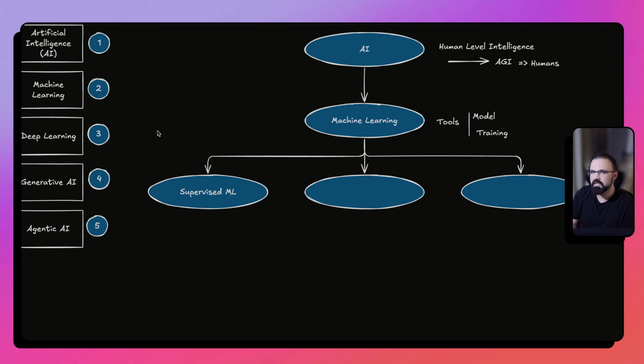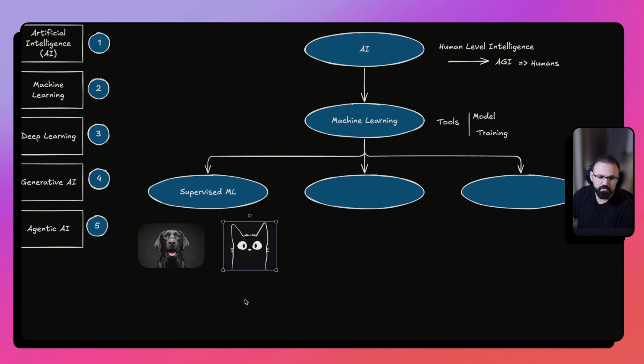Let's talk about an example for this. For example, you have a use case where you want to distinguish between an image of a dog and an image of a cat. You want to train your computer or machine, which could be a real robot as well, so that whenever I give an image of a dog, it identifies it as a dog.